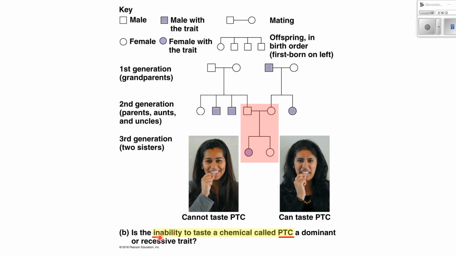So the question at the bottom says, is the inability to taste PTC, a PTC non-taster, a dominant trait or a recessive trait? Well, chances are you remember this from class, and you probably remember that the little t, those were the non-tasters. But let's see if that is supported by the data that we have on this pedigree.